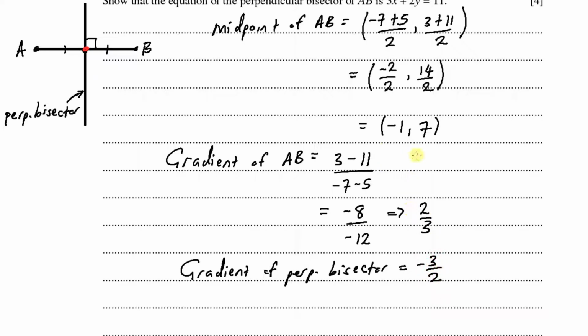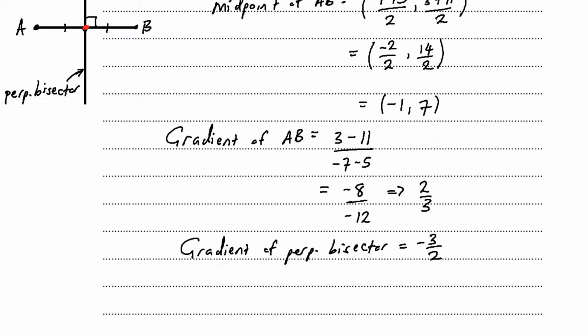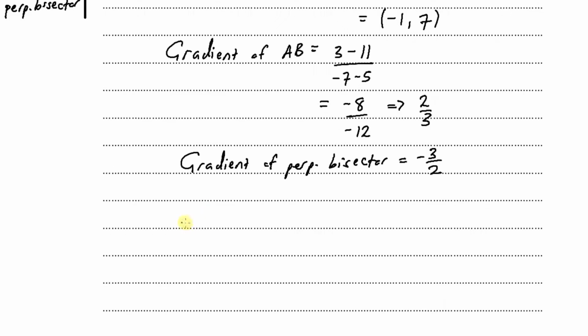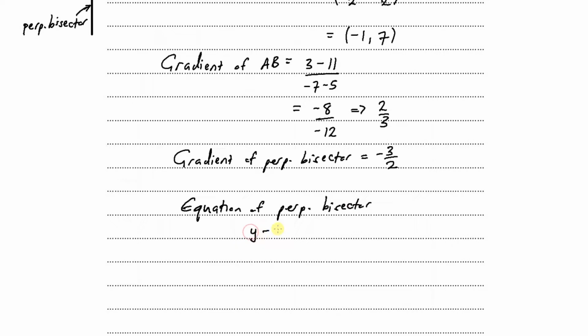So now that I have a point on the perpendicular bisector, which is -1 and 7, and the gradient of the perpendicular bisector, which is -3 over 2, I can now say for the equation of the perpendicular bisector, I'll use y minus y1 is equal to m of x minus x1.